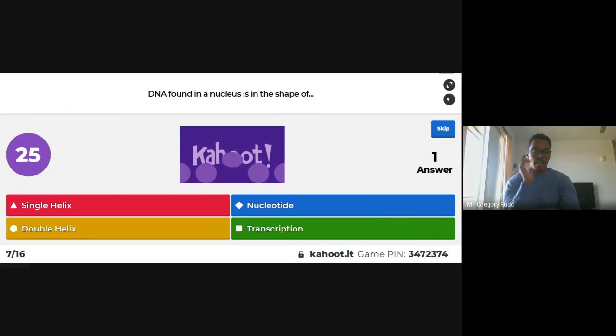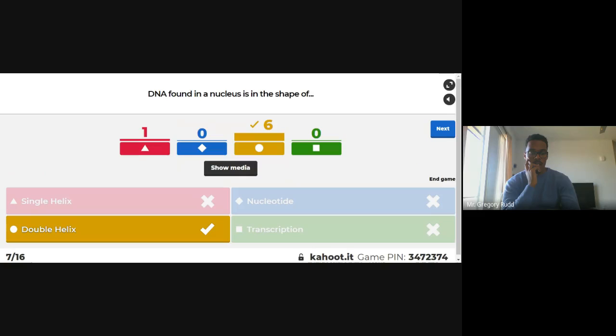What's the shape of DNA in the nucleus? Good, double helix.